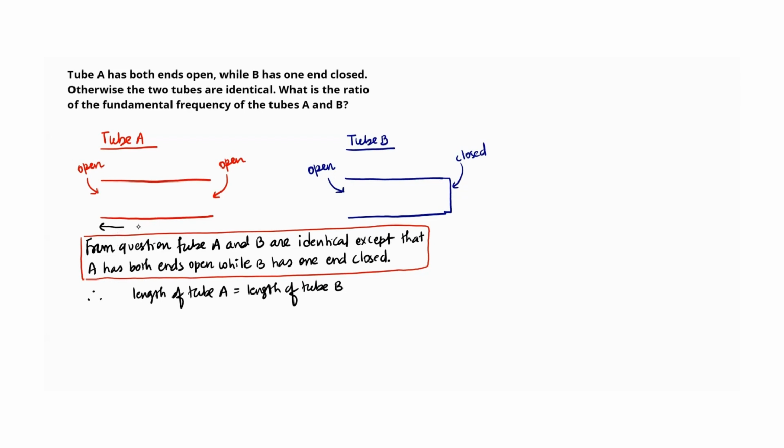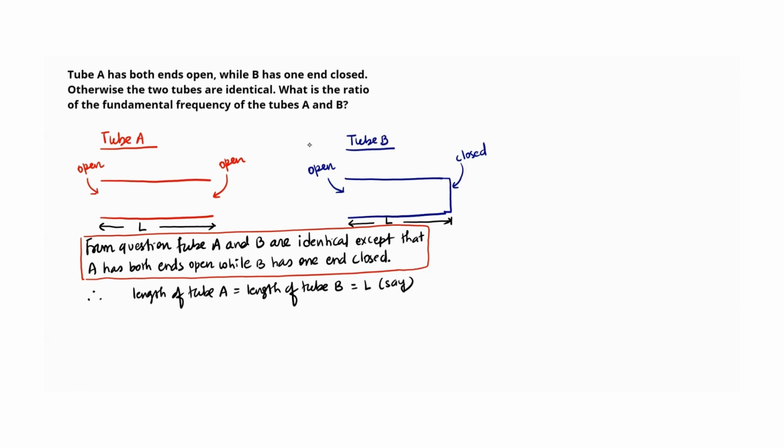So let the length of tube A be capital L and the length of tube B is capital L, okay? So this equals L. So we are denoting the length of both tubes by the symbol capital L.